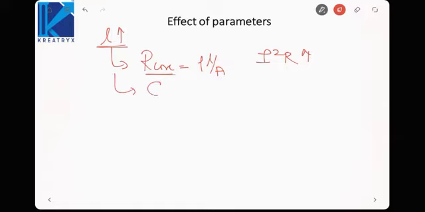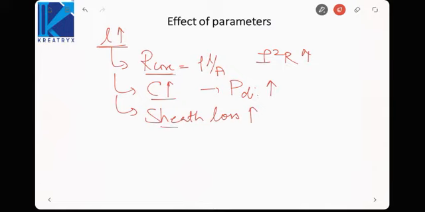Increasing the length increases the capacitance, so dielectric loss will also increase, and similarly sheath loss will also increase because flux linkage will increase as flux is equal to L i. Increasing the length increases the inductance and the flux linkage.